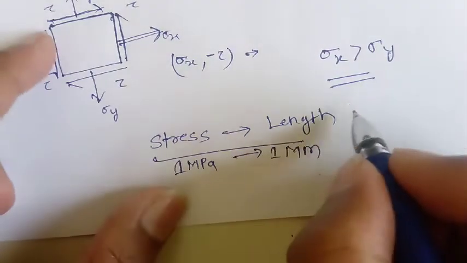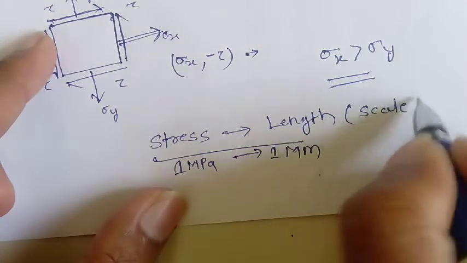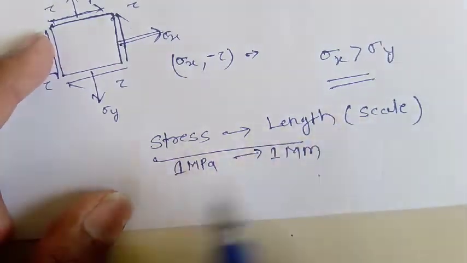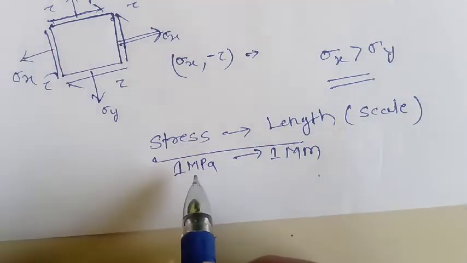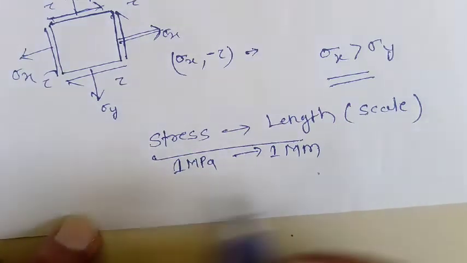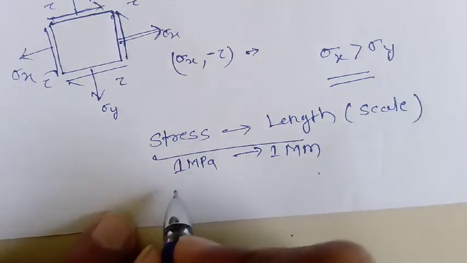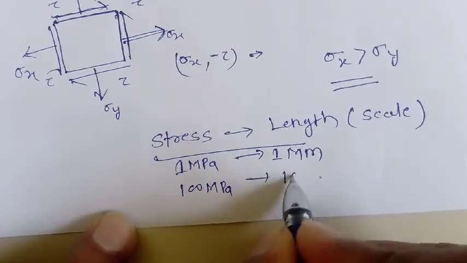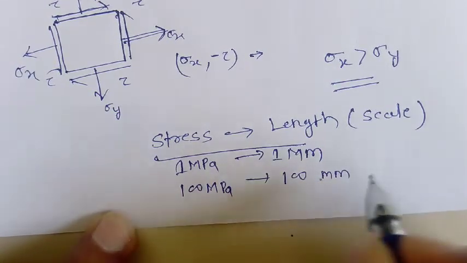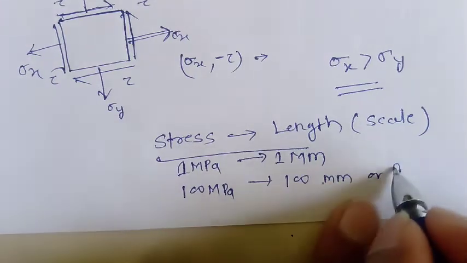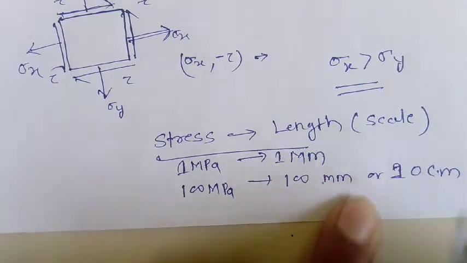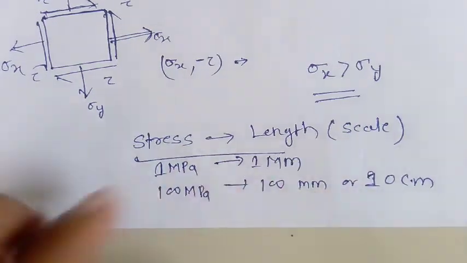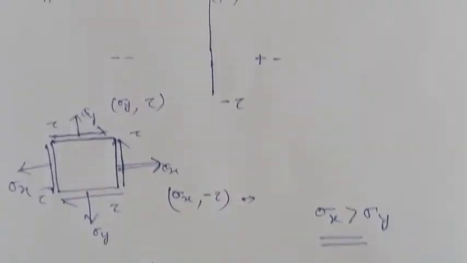So length we have to take as a scale. This is our scale. So stress is converted into a length. So if it is 1 megapascal, we take 1 mm. Whatever the megapascal is, say 100 megapascal, it can be 100 mm or 10 centimeters. This scale we can take and plot the Mohr circle.